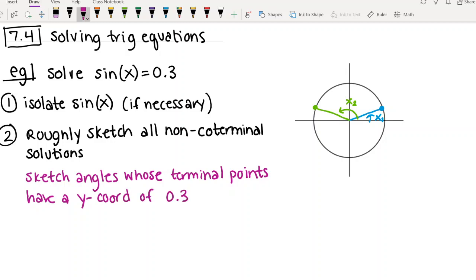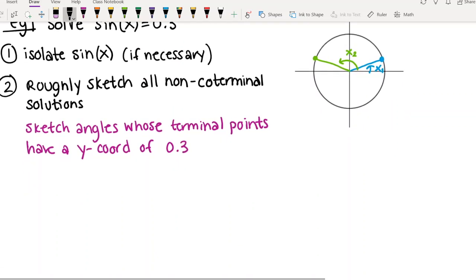Okay, so now we have a picture. We don't know the actual values of these angles yet, but at least we have something to refer to as we move on to the next couple of steps.